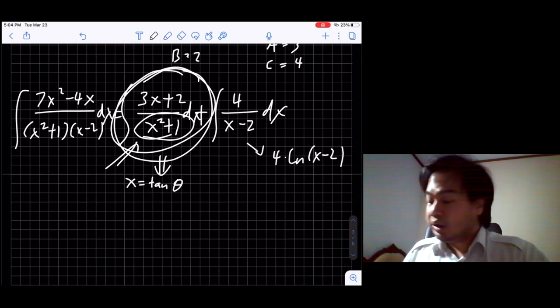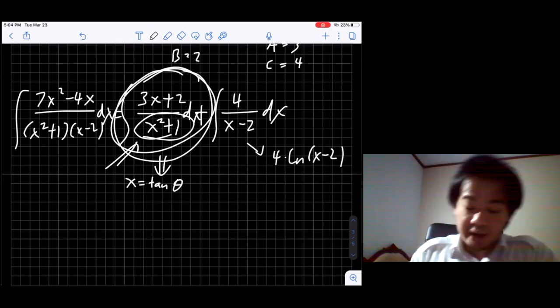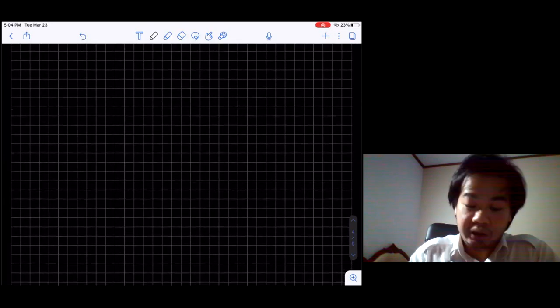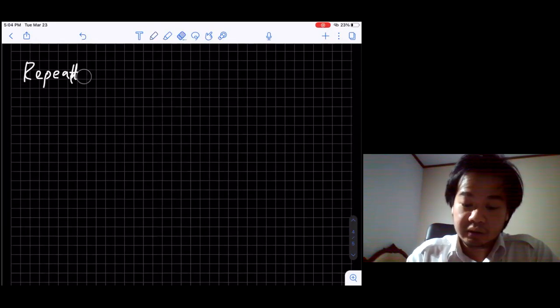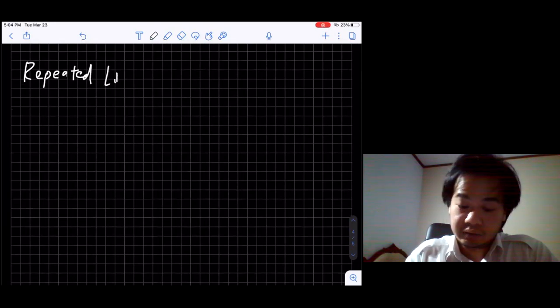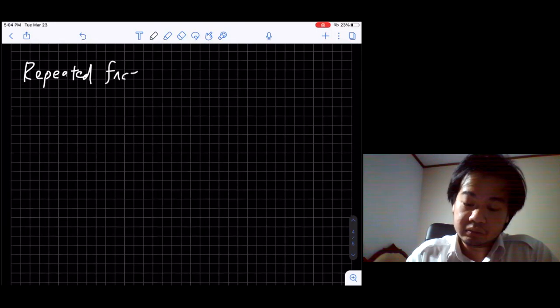Okay, now the next one is, what if we have repeated factors? It's not necessarily linear.